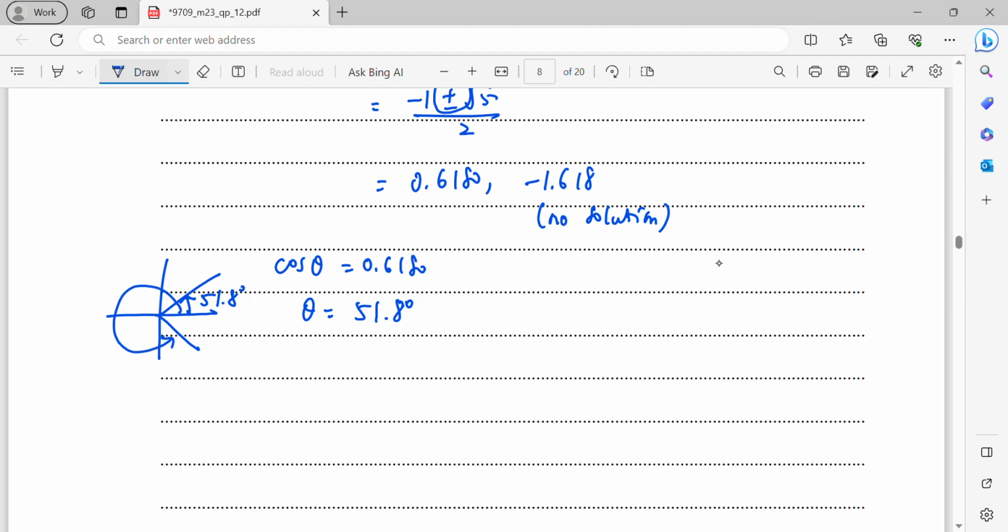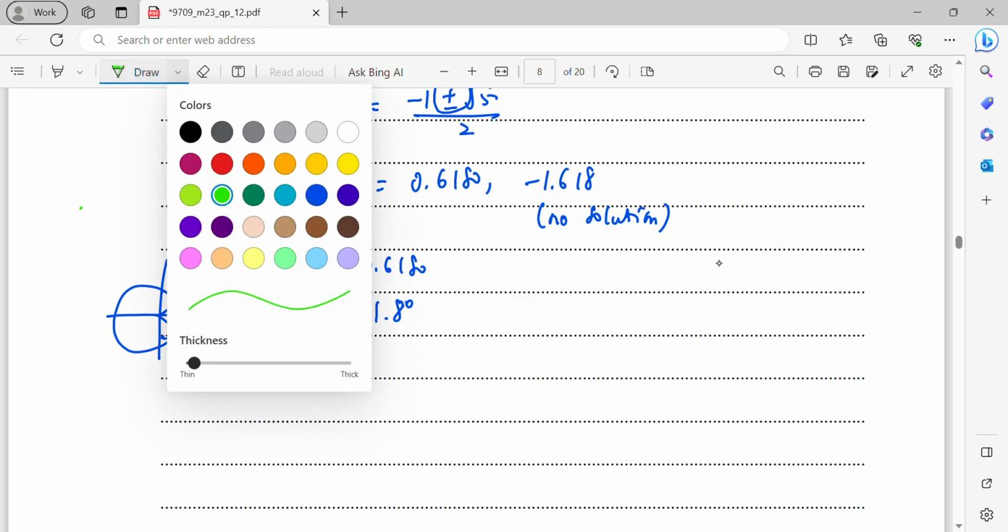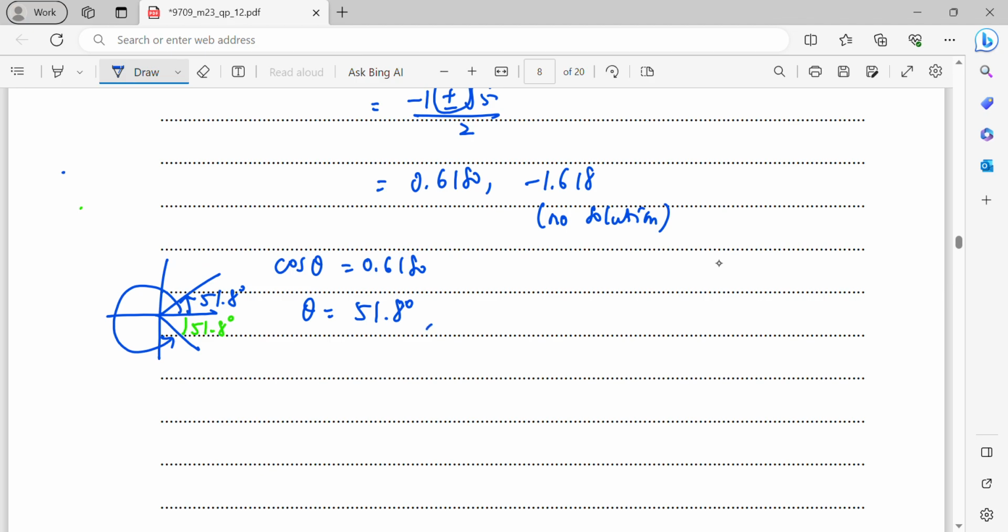For your information, this is also 51.8, the lower angle. So to get the major angle here, I'm going to use 360 degrees minus 51.8. Then you will be getting 51.8 degrees and 308.2 degrees. So that's the solution of the question.